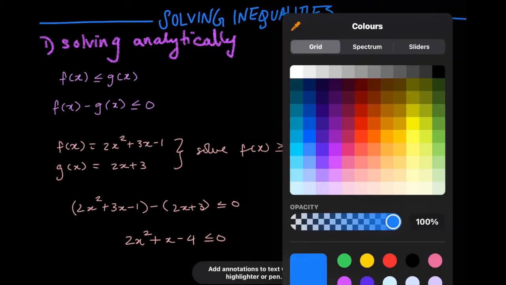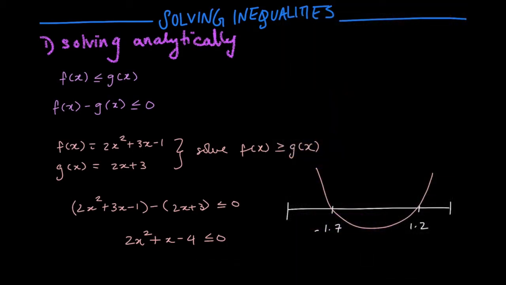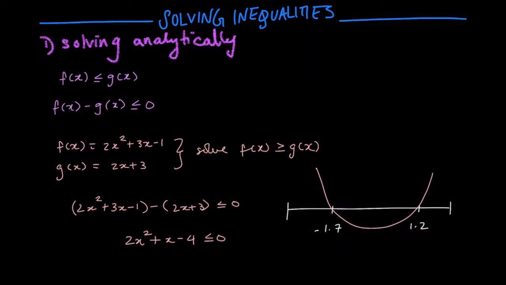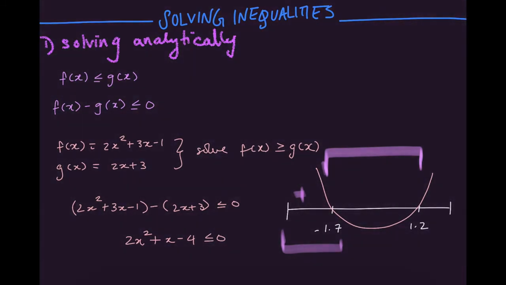So we can check from this domain, and this domain, and see if the value is positive or negative. From this domain, we will get a positive value. From this domain, we would get a negative value, and for this domain, we would get a positive value again.